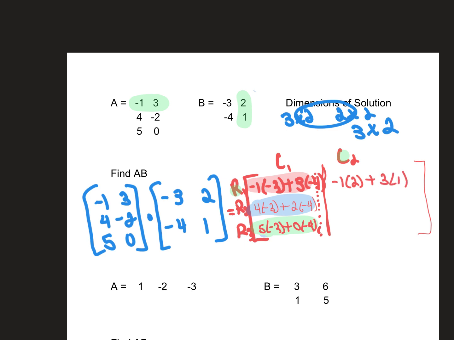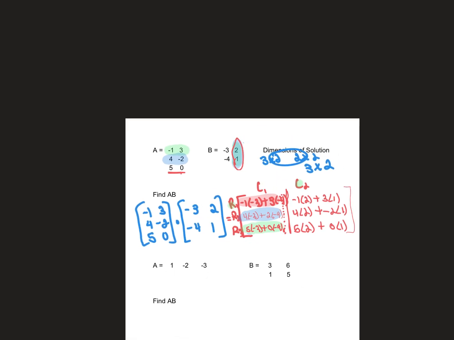My next one, I'm going to take row 2 times column 2, which is going to be 4 times 2 plus -2 times 1. And then that bottom one is going to be row 3 times column 2. So I'm going to have 5 times 2 plus 0 times 1.